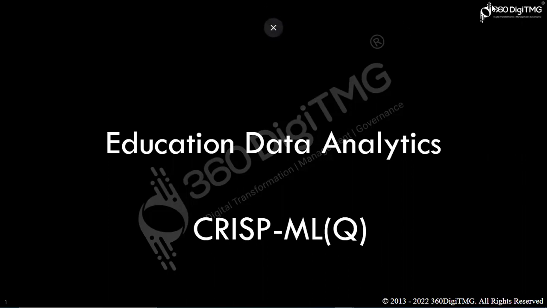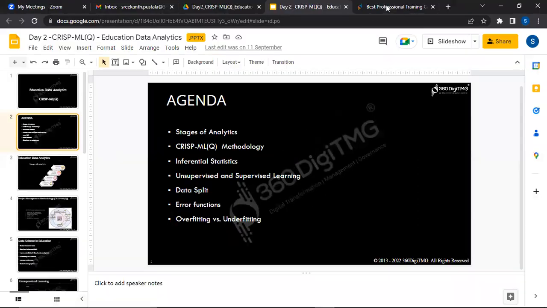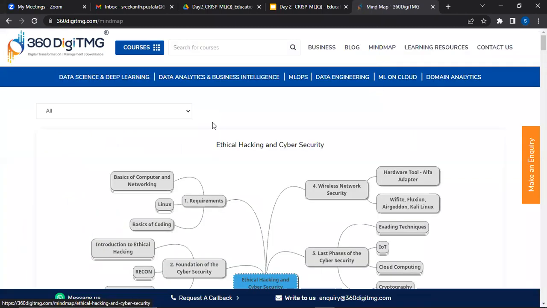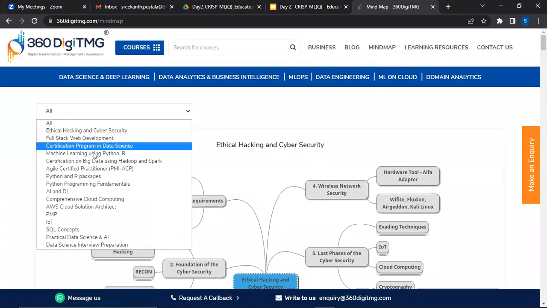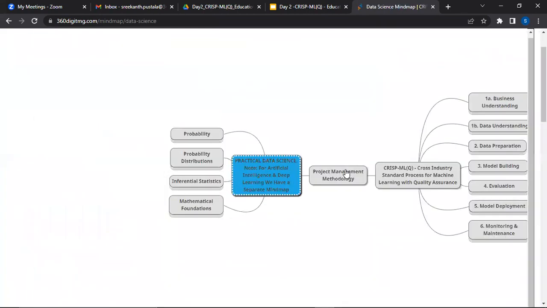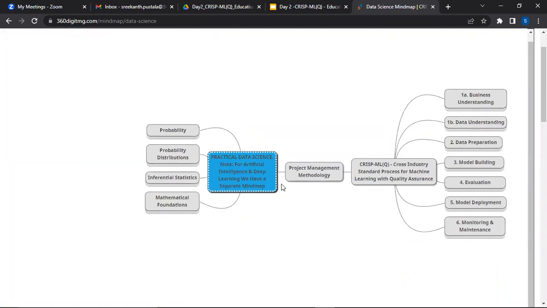So let's do a short recap of what we have seen earlier. Basically we have started looking into the applications. Then we have seen the CRISP-ML(Q) methodology. The project management methodology that we use in data science is the CRISP-ML(Q) methodology.